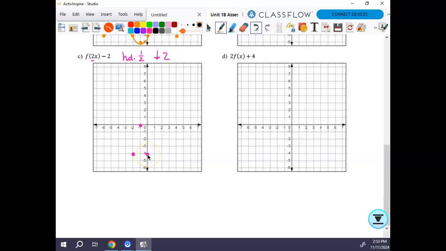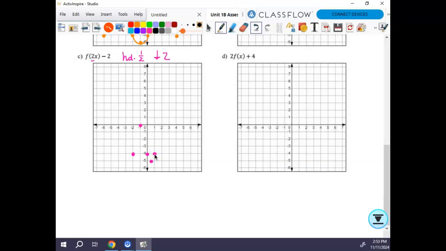And then I don't think I just want to place things anymore, like I did on the other ones, because I do have a dilation here. So my next point would actually start at 1, -3. So that horizontal dilation brings me to 1/2, and then I go down 2. And then I would start at 2, -2, so that becomes -1, and I go down 2.